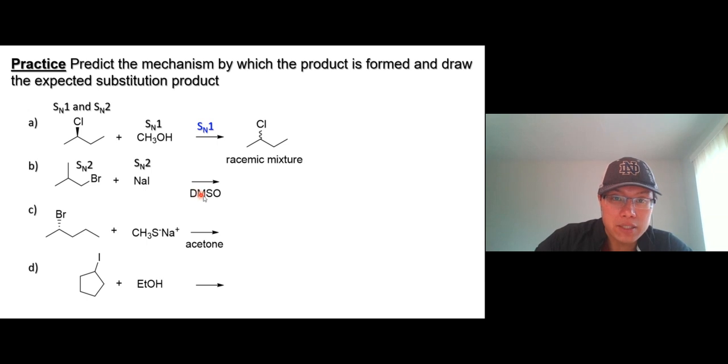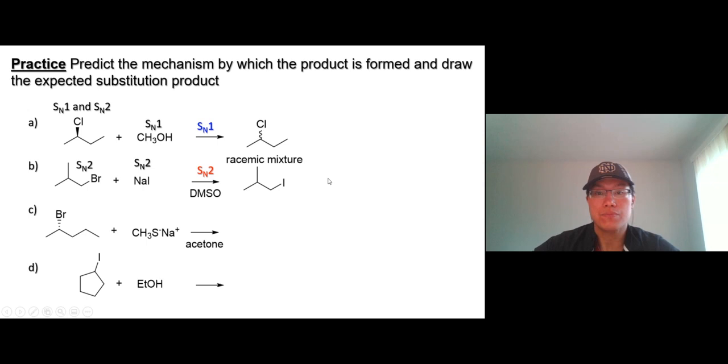Look at the solvent, DMSO or dimethyl sulfoxide is a type of aprotic solvent. So it facilitates SN2, so totally B goes SN2. If this reaction goes SN2, iodide will attack at that carbon right there, right? Backside attack, so you should get inversion of configuration. But that carbon is not a chiral center, so you just get one product there.